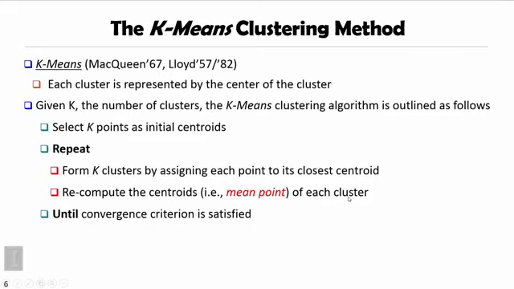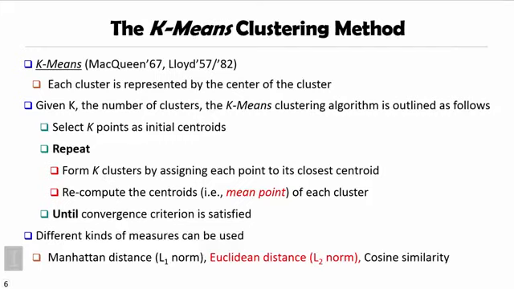Once you recompute the centroids, some object initially assigned to, say, centroid A, now that all the centroids have changed, may be closer to centroid B. That means we need to go back and reassign each point to its closest centroid. Then we recompute the new centroids. That's why we get into this repeat loop until some convergence criterion is met.